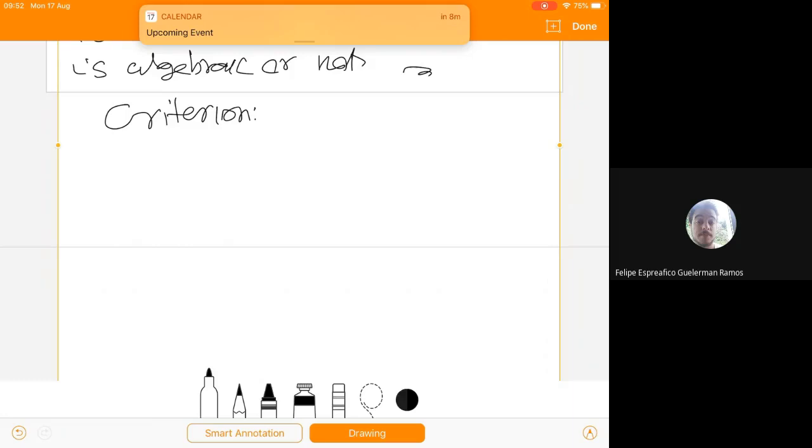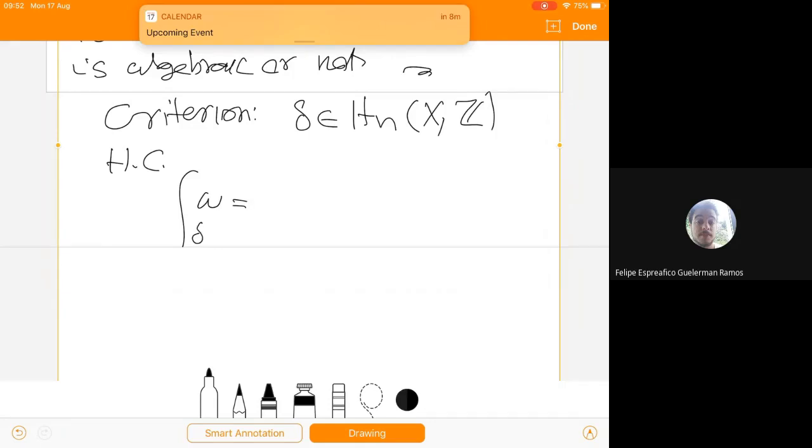I have this delta in H_n(X, Z). I want to decide whether it is supported in algebraic cycles in the way that I explained before. And the Hodge conjecture says that if certain integral for certain omega in H^n de Rham(X).